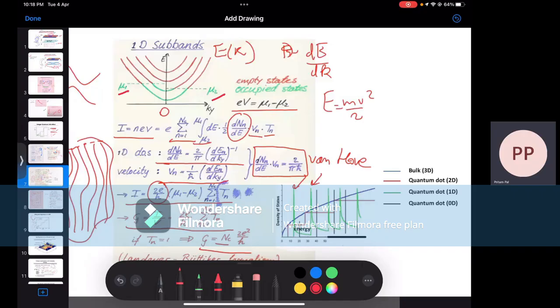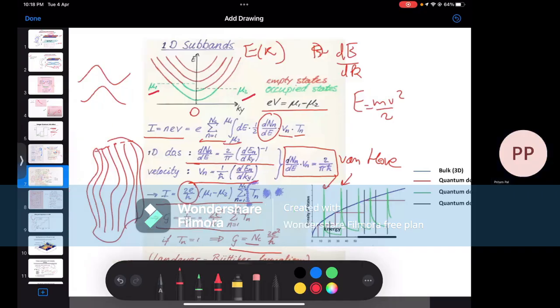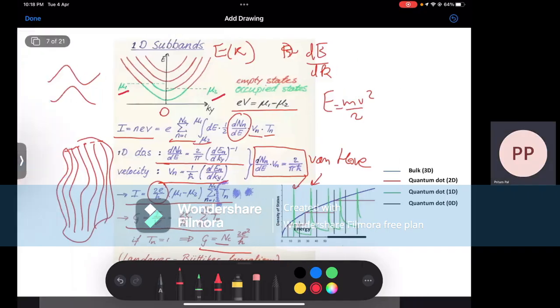So that means some of the electrons in these transverse wave functions are occupied.